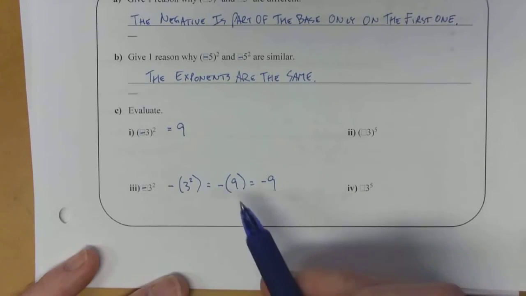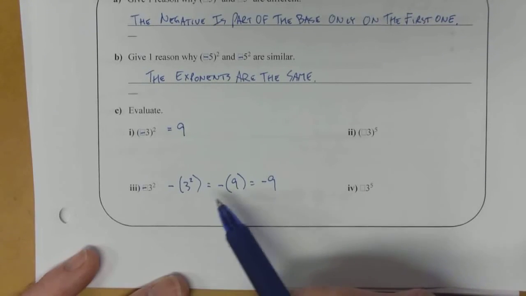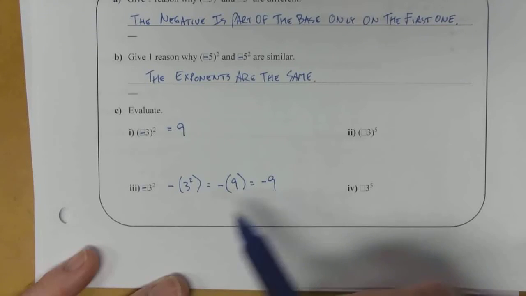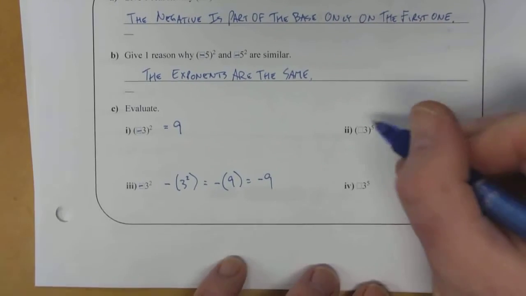It's always a good idea to write out your work on this, each step as you go, so that if you do make a mistake, you'll be able to go back and see where it was, and then learn from that mistake.